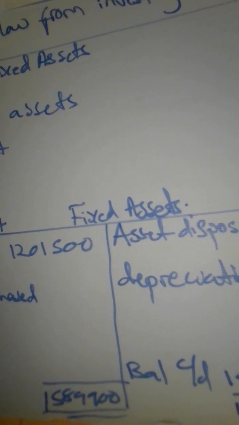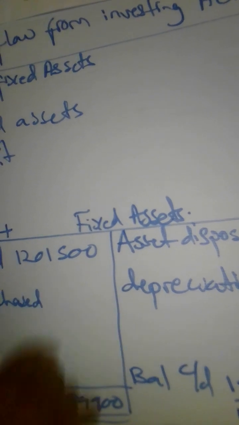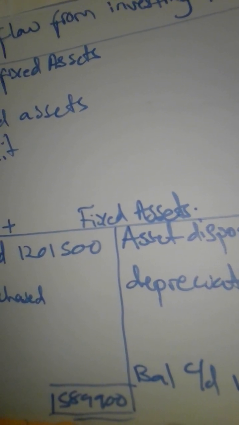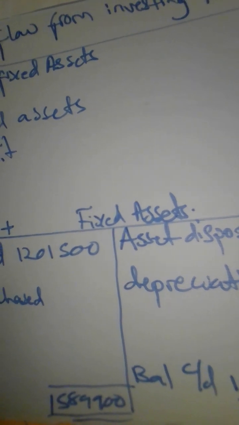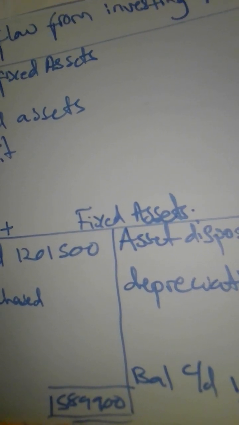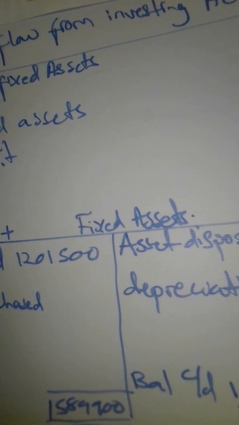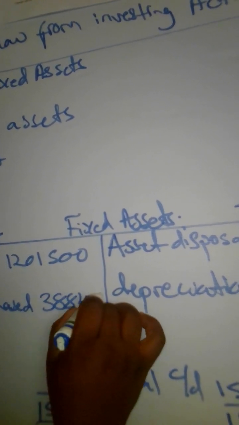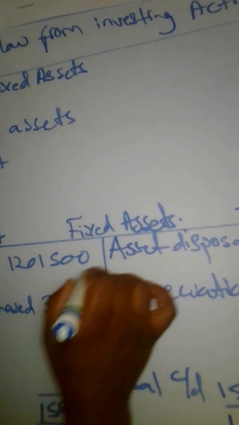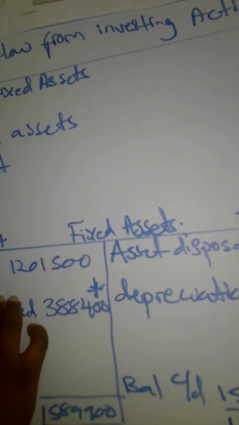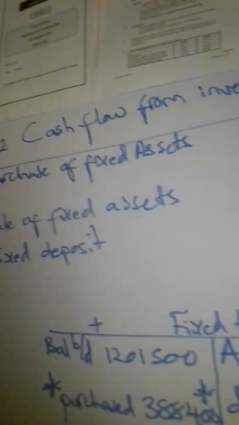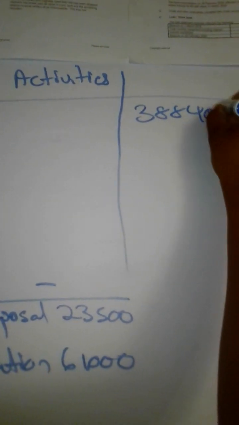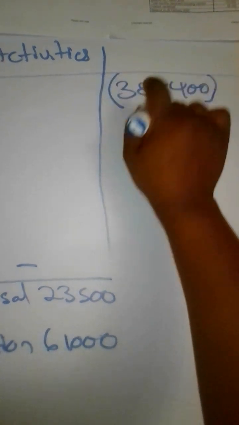Then we subtract the 1,201,500, and we remain with the amount 388,400. This is the amount we're looking for, the purchase of fixed assets. So we record 388,400 in brackets. It's an outflow.